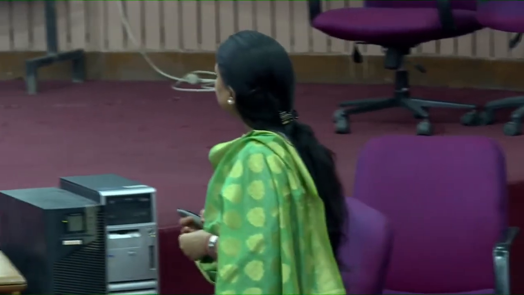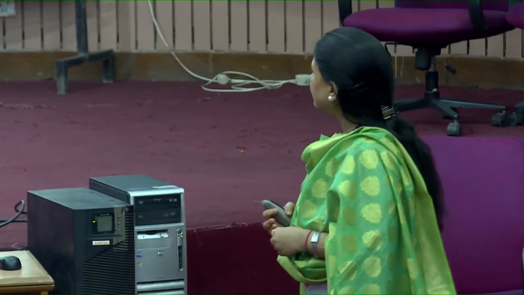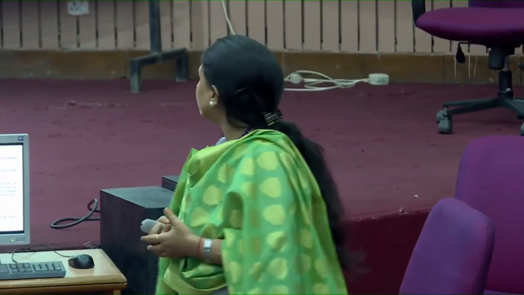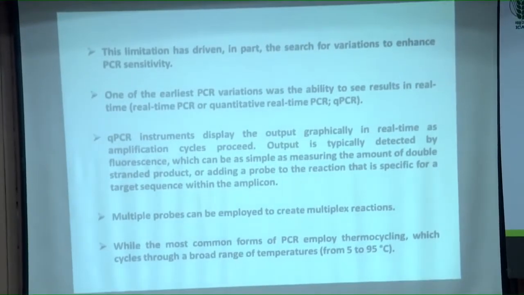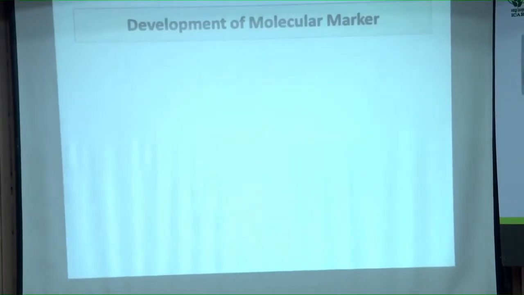Then, while the most common forms of PCR employ thermocycling, we can get a broad range of temperature in PCR, from 5 degrees Celsius to 95 degrees Celsius. Okay. So, yes, they are PCR based markers.